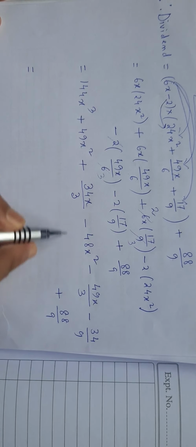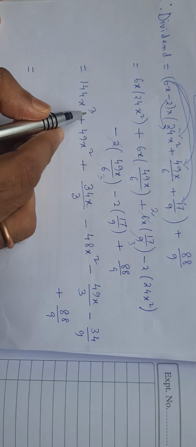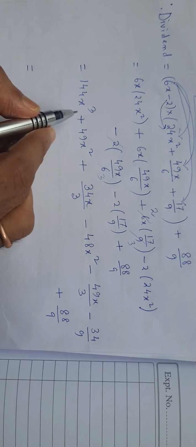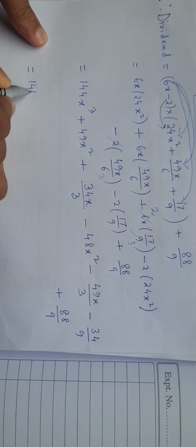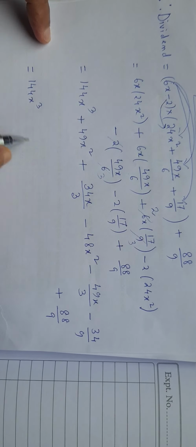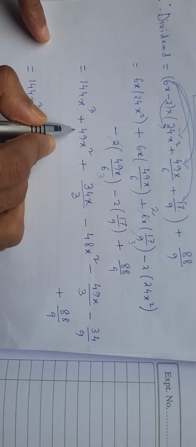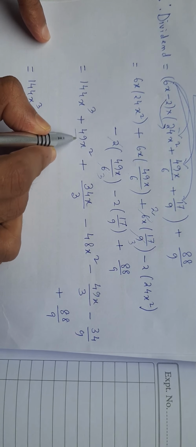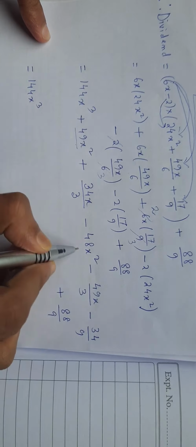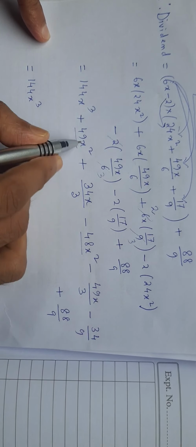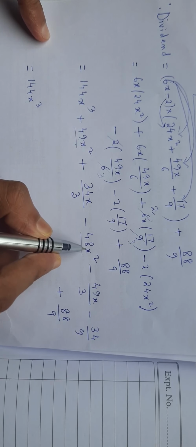Now there is no such term with x cube as the variable, therefore 144x cube will remain as it is. Now it is x square. Here we find that this is 49x square, here 48x square, so both the terms are like.